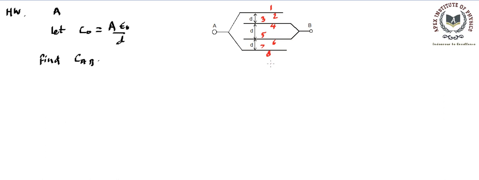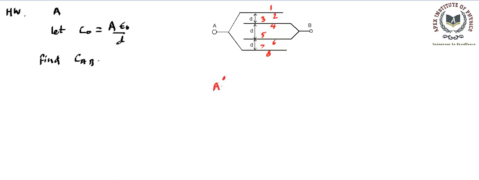If there are parallel plates, we can name each face of the plates. Then we will look for the possibility of making capacitors. The 1st face is not going to make any capacitor, the 8th face is not going to make any capacitor, and there may be capacitors formed by these faces. And then we will redraw this in the form of a circuit so that we can identify what combination they are in, right?